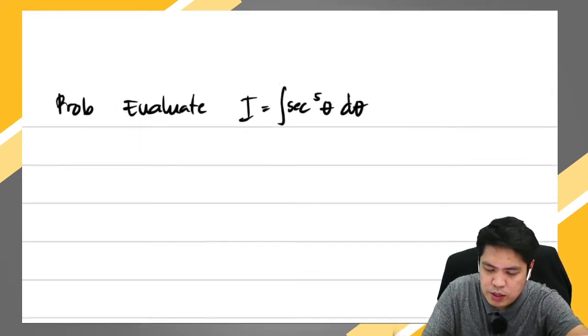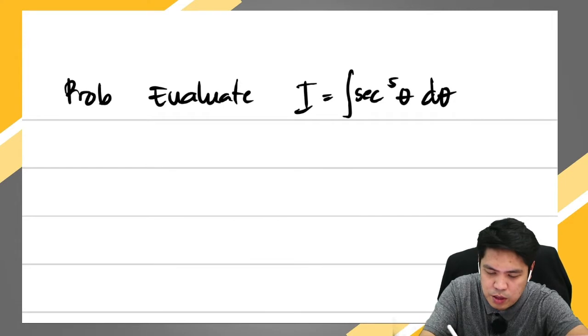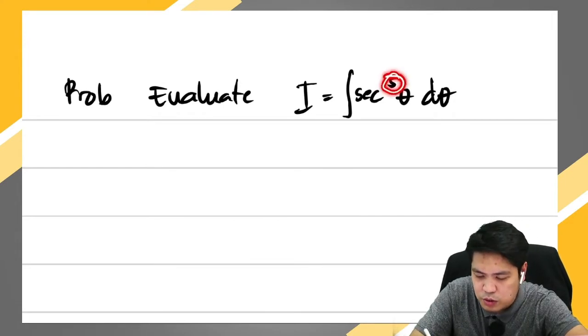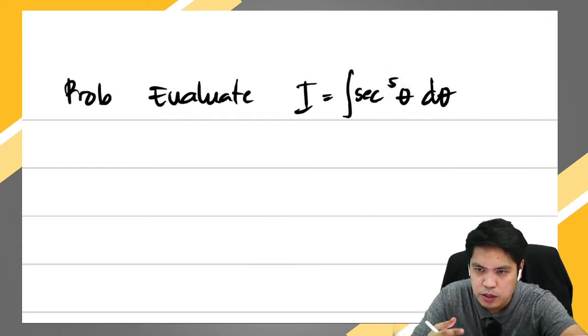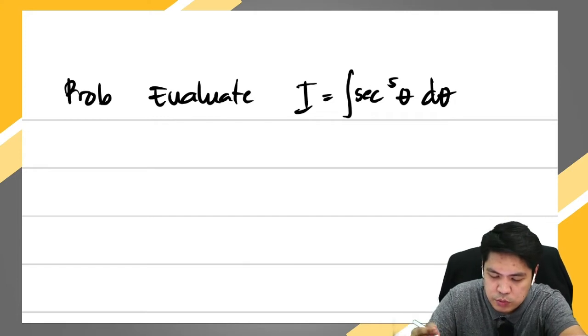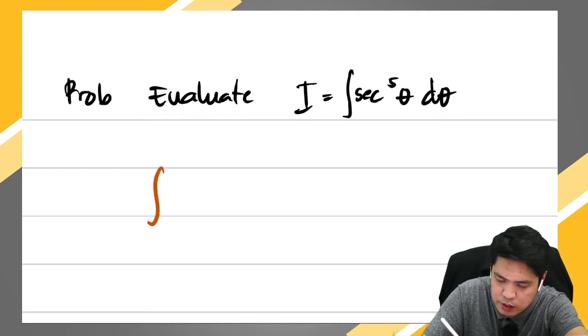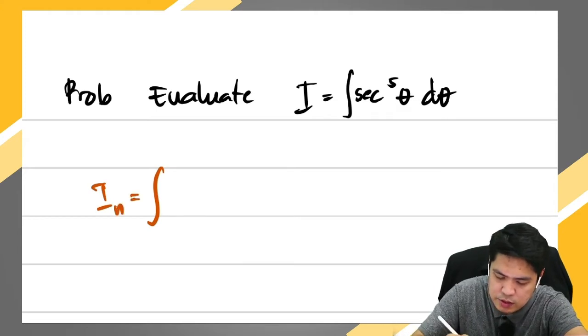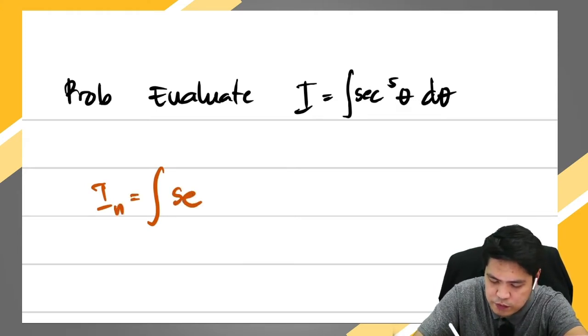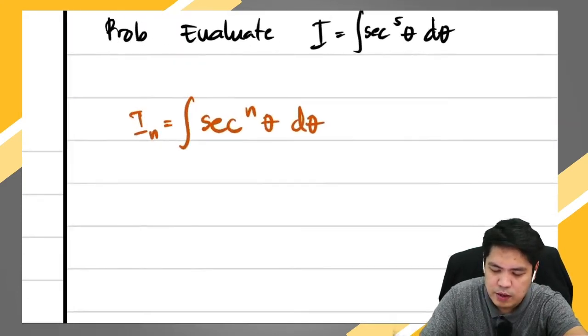So yung gagawin natin dito, halimbawa medyo higher na yung number dito, more complicated na yung integral natin, we'll just solve the general formula for the integral of, let's call this I sub n equal to the integral of secant raised to n theta d theta.